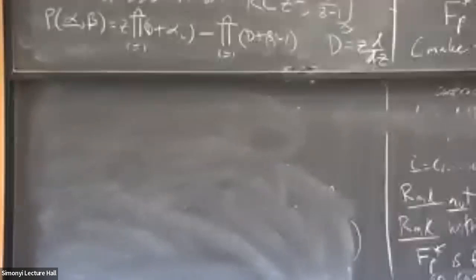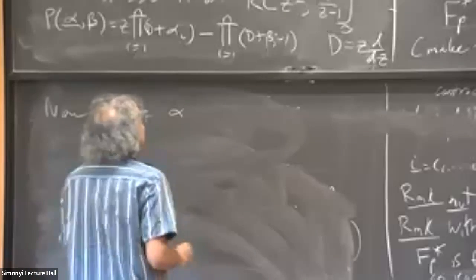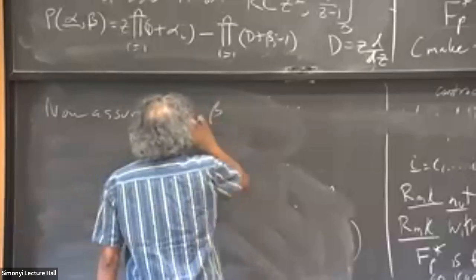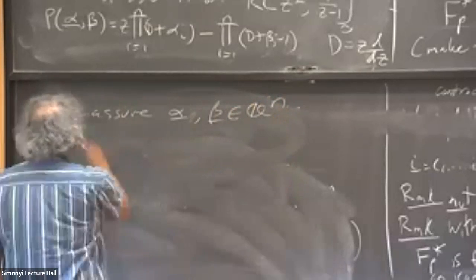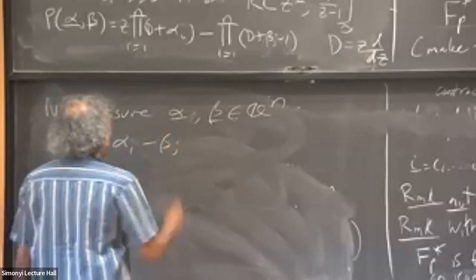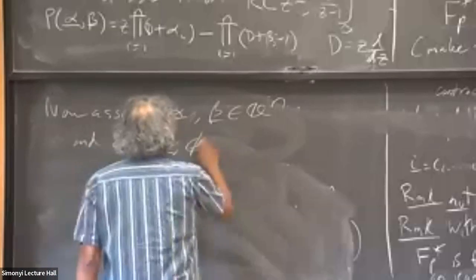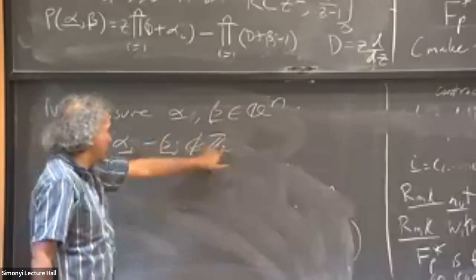Then what can you do with that? So now let me go to the case that I actually care about, where let's say these are rational numbers, and to make this connection irreducible, I need to assume that no alpha coincides with a beta modulo z.